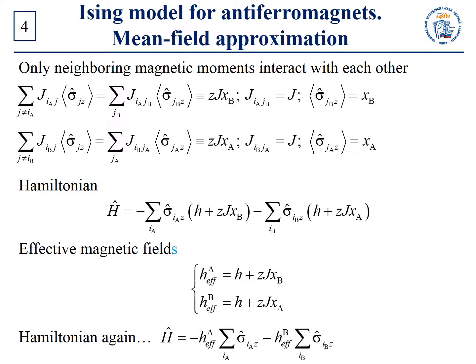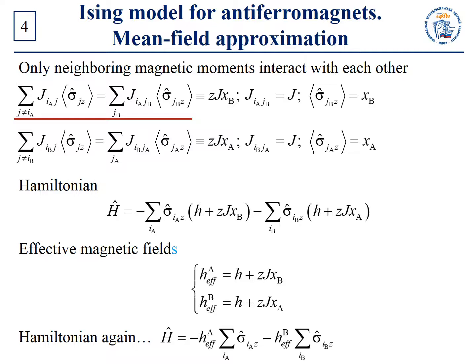Since we consider that only neighboring magnetic moments interact with each other, the following equality takes place, where J iA jB is equal to J for neighboring magnetic moments, and z is the number of the nearest neighbors. Here we denote the mean value of operator sigma jBz as xB.